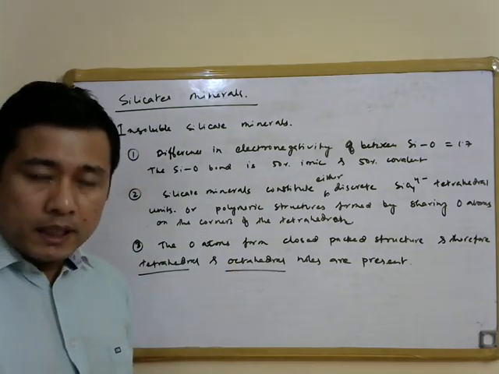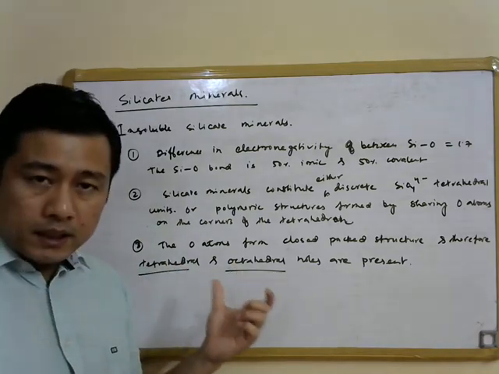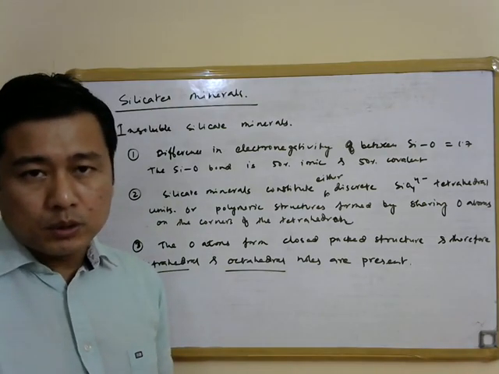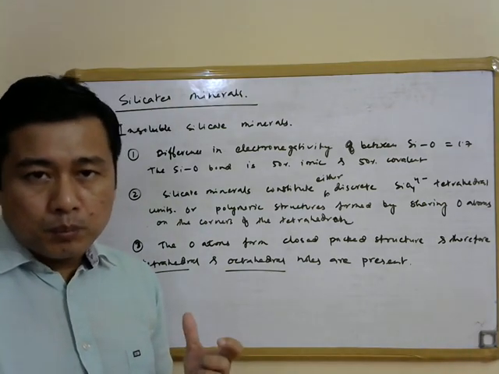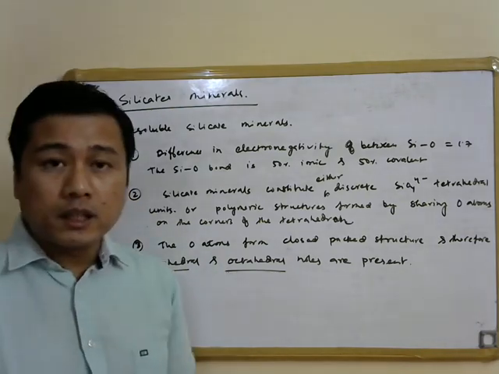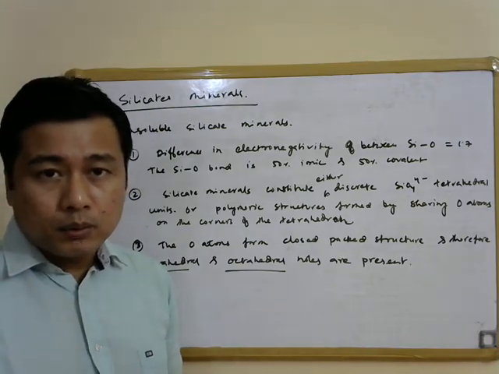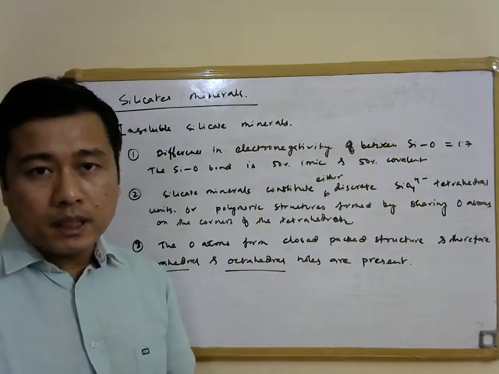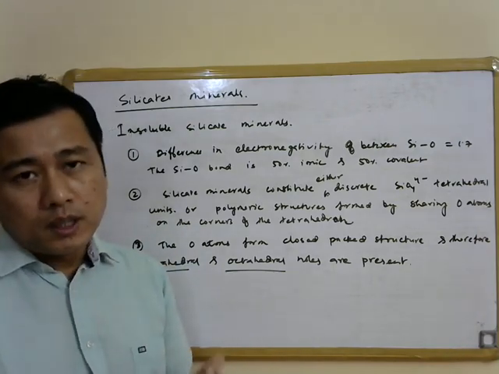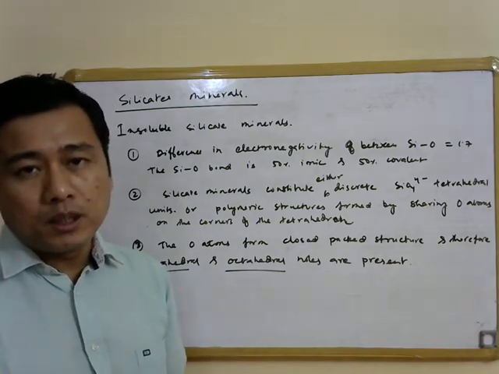So in these silicate minerals, the metal ions essentially reside in either tetrahedral or octahedral holes, depending upon the metal ion. Which particular hole a metal ion can occupy, whether tetrahedral or octahedral, is dependent upon the size of the metal ion.